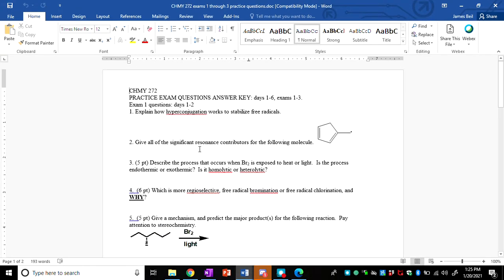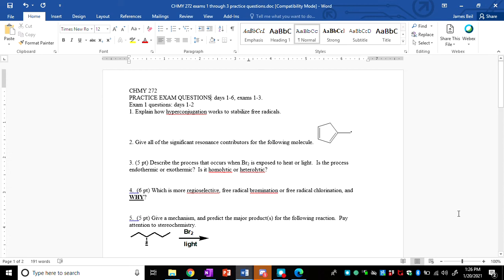Oh, this isn't the answer key, this is just the practice exam. I shouldn't say answer key here, I'll have to update that. But they are labeled so you know which questions are helping you practice for which exams.